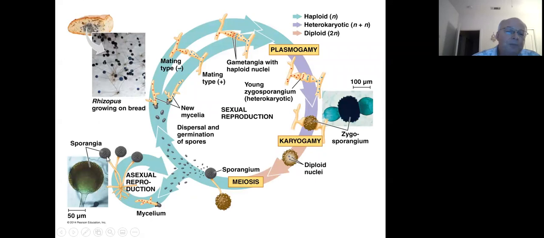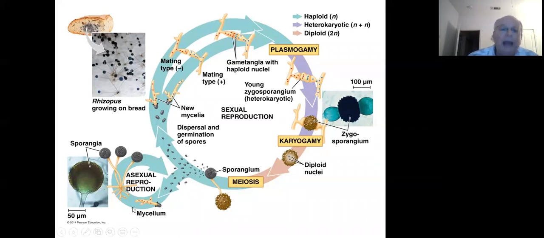Within that structure, haploid spores are coated in an environmentally resistant coat, forming the spore cell that is going to be released into the environment when the sporangium bursts open. Those spores then germinate when they land in a suitable environment, give rise to a new mycelium. So we just have a cycle of going around and around, producing the sporangia, releasing spores, producing sporangia, releasing spores.